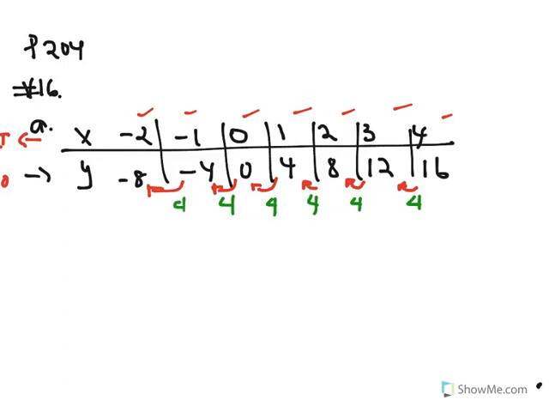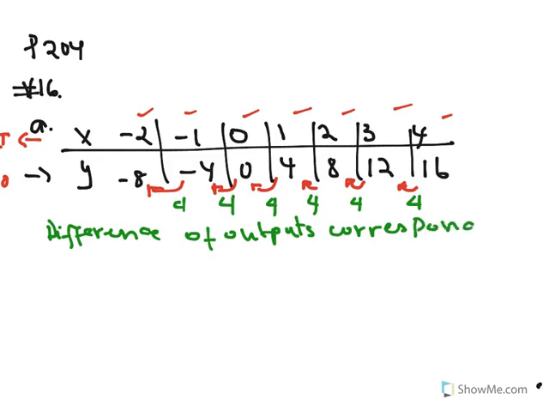So what I have found, and I'm going to write this down, is that the difference of outputs corresponding to consecutive inputs is constant.